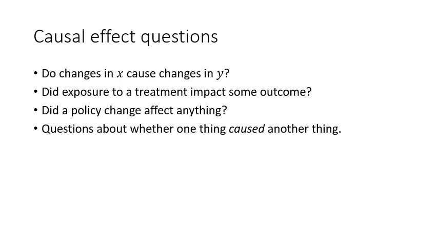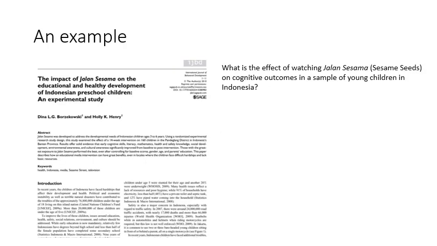Another very common question in education is something like, did a policy change affect the sorts of things that it was supposed to? A key idea behind these questions is that they're not asking whether two things are associated with each other. They're asking whether one thing actually had an impact on another or caused another thing to change.